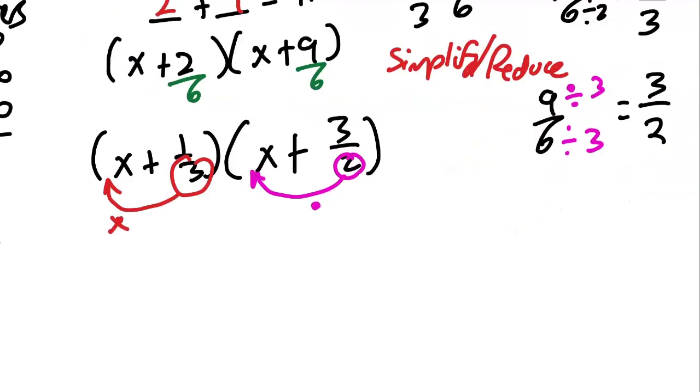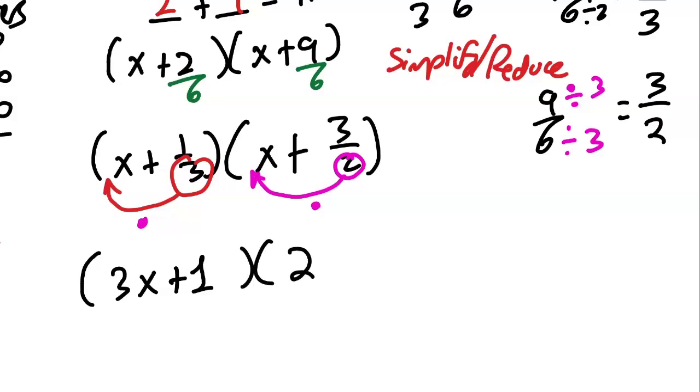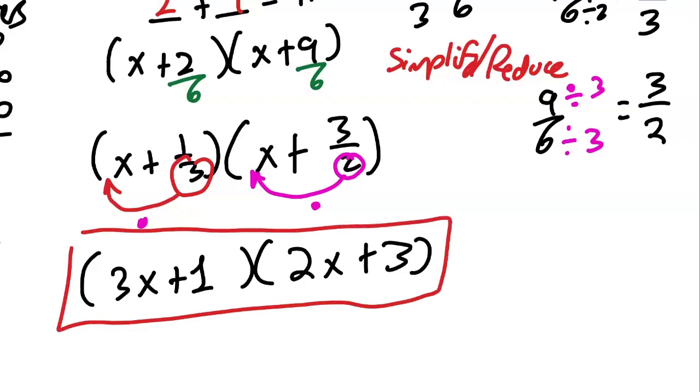I'm going to put a dot for multiplication because if I put an x, you're going to get confused. So we have 3x plus 1, 2x plus 3. And that would be the answer. And if you check it, you did all the mumbo jumbo, then you'll get to the very beginning problem that we have.